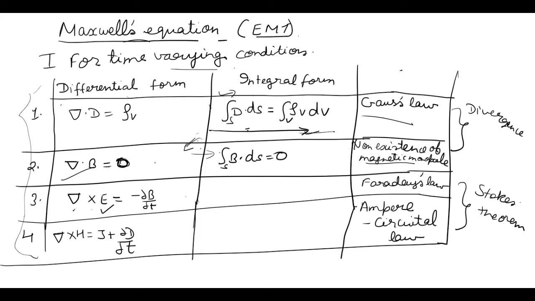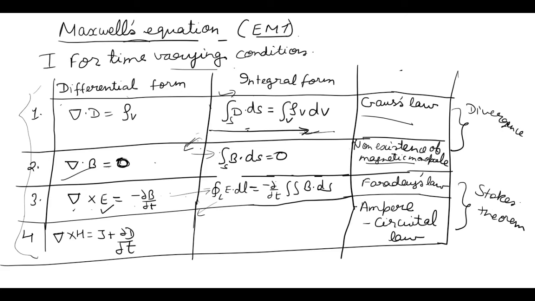Now curl of electric field, its double integration would be curl of electric field, and you can convert surface integral into line integral using Stokes theorem as this E dot dl. So E dot dl is equal to minus del upon del t of surface integral of B dot dS.